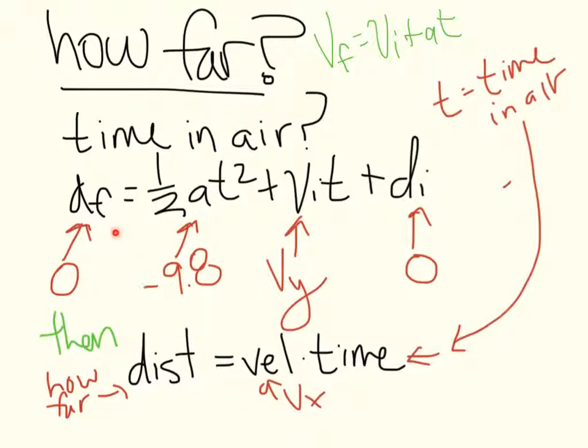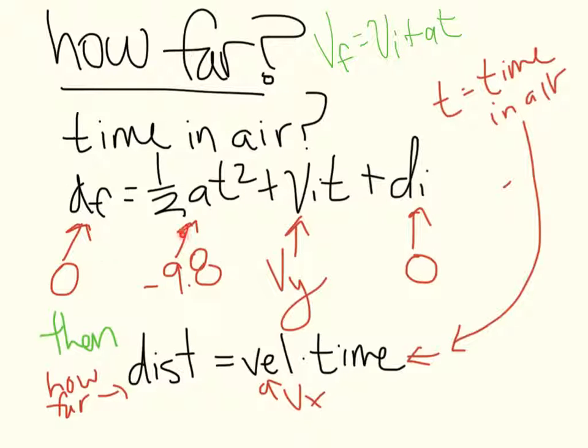Final position would be final height, or 0, ends on the ground. Acceleration, negative 9.8 meters per second squared. And then initial velocity is initial velocity in the vertical direction. So you plug in and you solve for t. You're probably going to have to factor out a t, but other than that, it's pretty easy to solve.